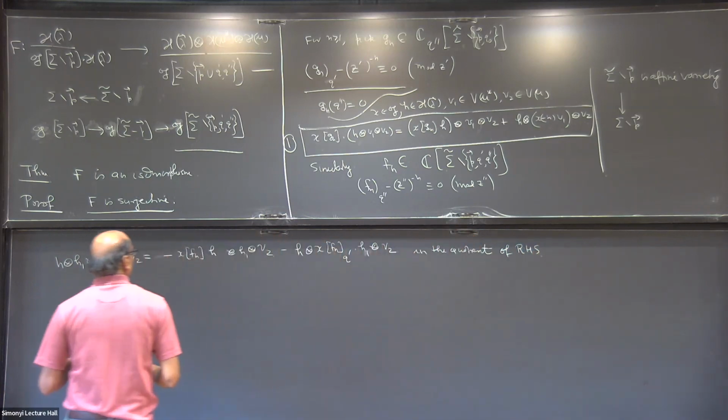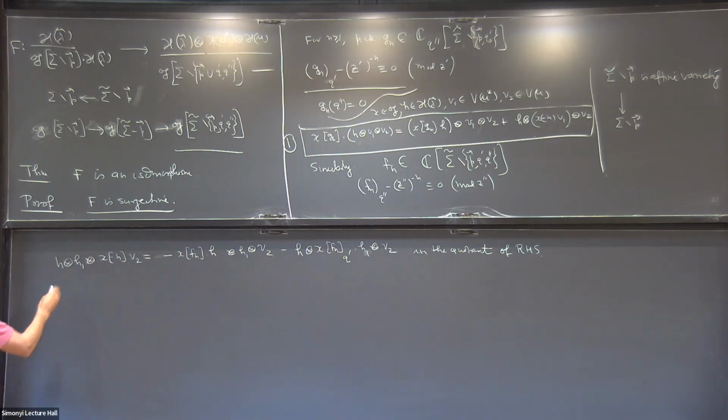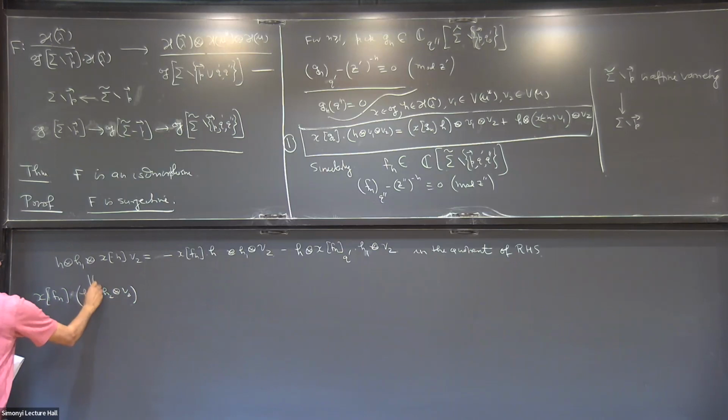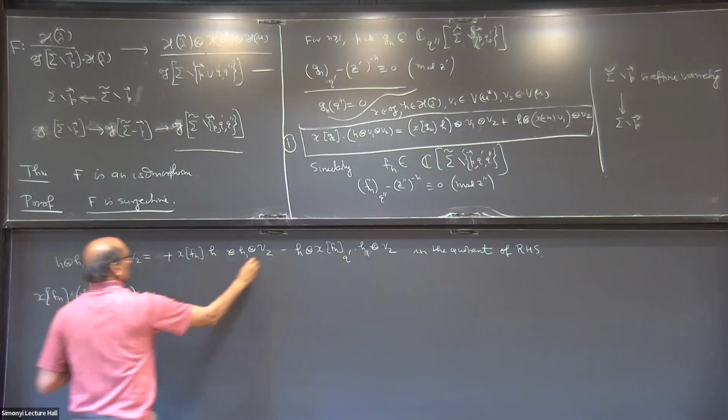So let's see, what did I do? Actually, maybe I should have written X of Fn acting on H1 tensor H2 tensor V2. So this will be exactly this plus this plus this.